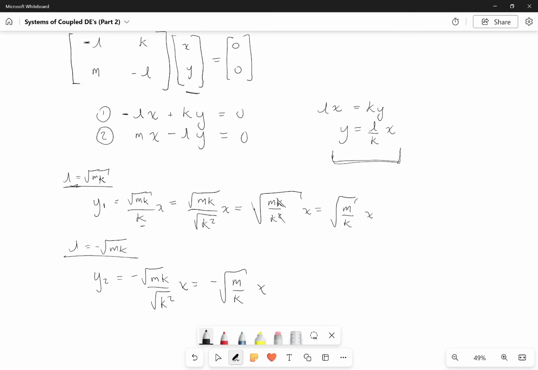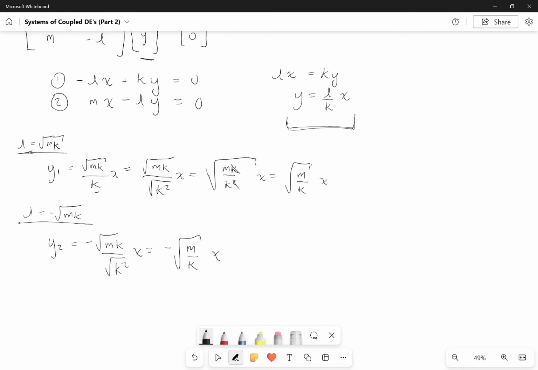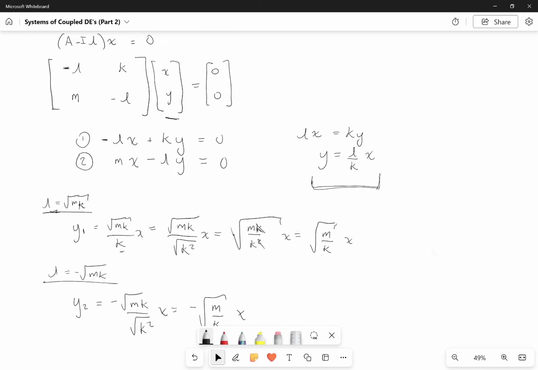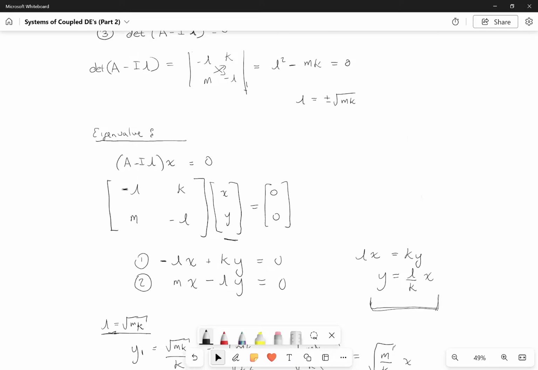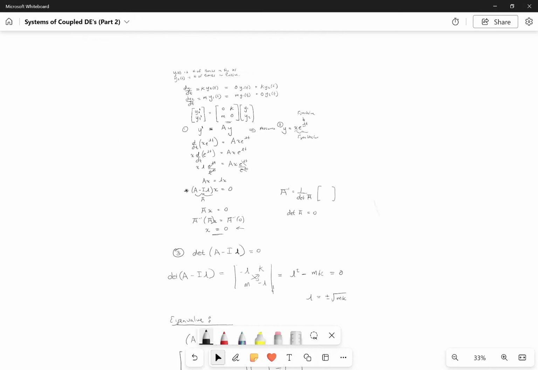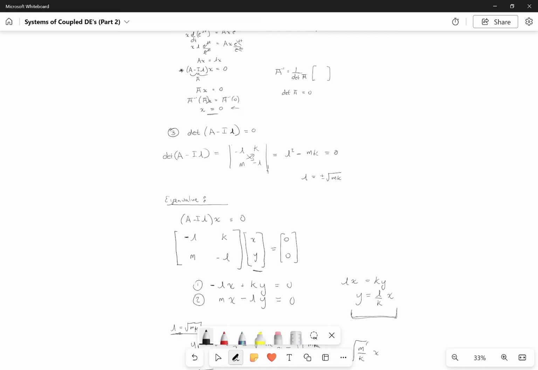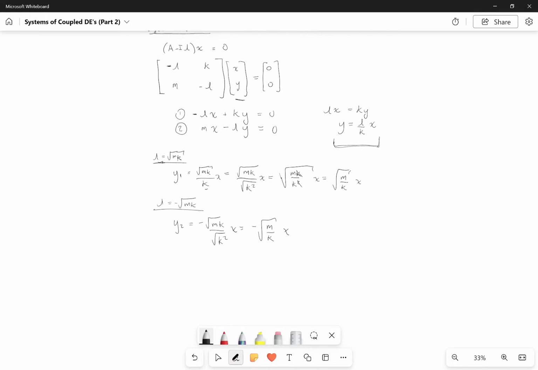Okay, so what does this mean? Well, for this eigenvalue, remember the vector is this x. Let's go back up to the top. We're going to grab this guy right here. This is our y equals x e to the lambda t.